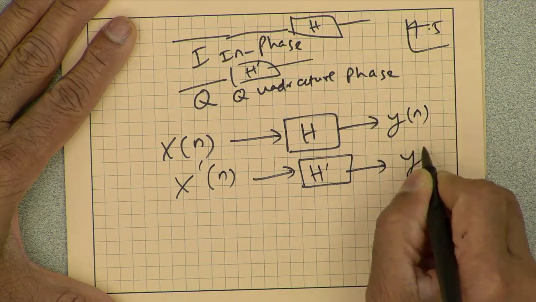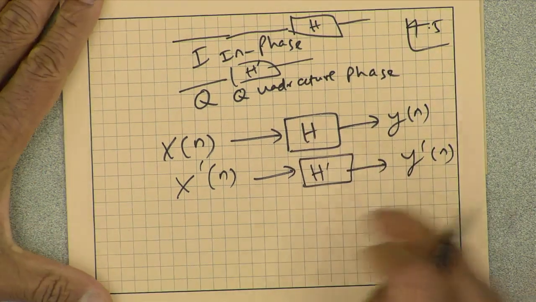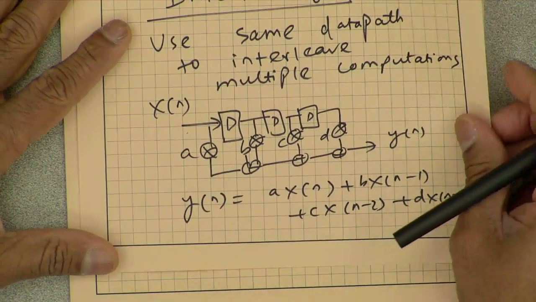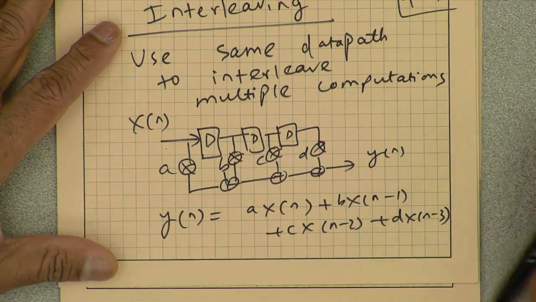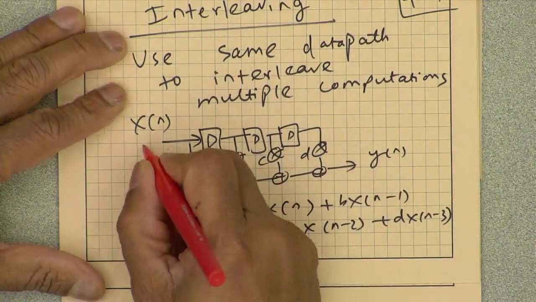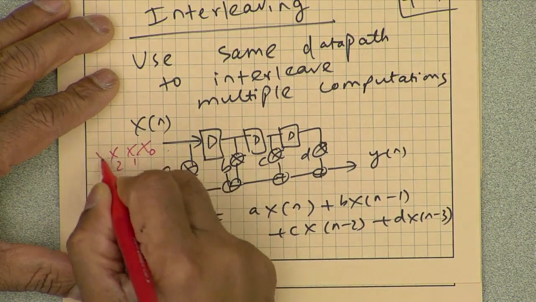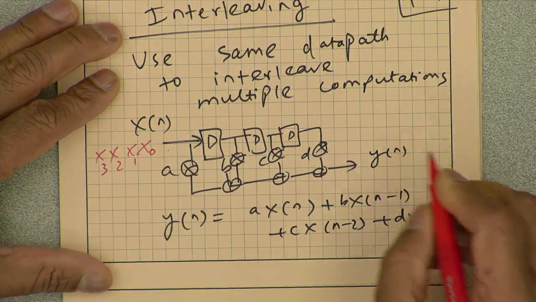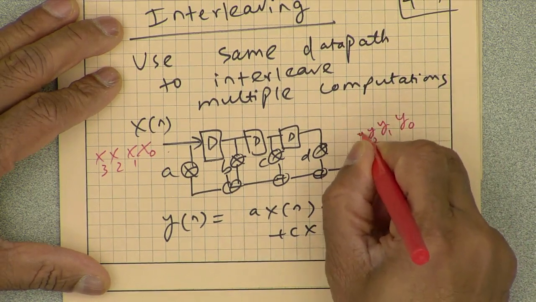We are interested in computing these two filters H and H' in the same data path. That's what pipeline interleaving is. I want to interleave. So if you think about what exactly is going on here, we take sample number 0, sample number 1, sample number 2, sample number 3, and this computes y0, y1, y2, y3, etc.